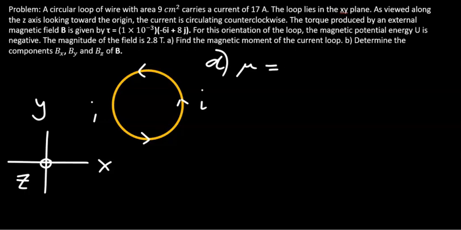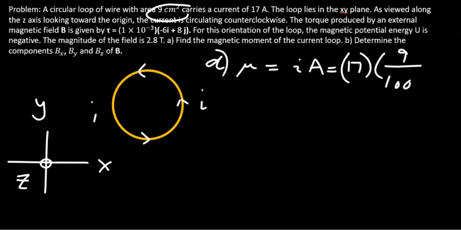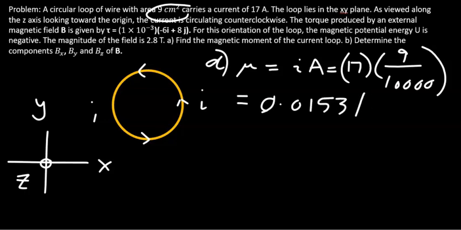The magnitude of it is the electric current times the surface area of that circular loop. The electric current is given to be 17 ampere. The A is 9 cm squared, so 9 over 10,000 meters squared. And the answer is 0.0153 ampere meter squared.